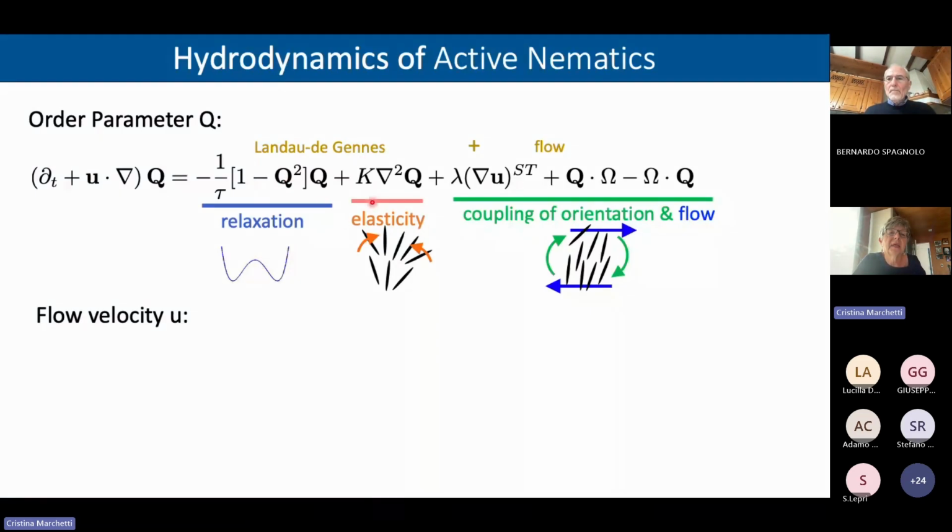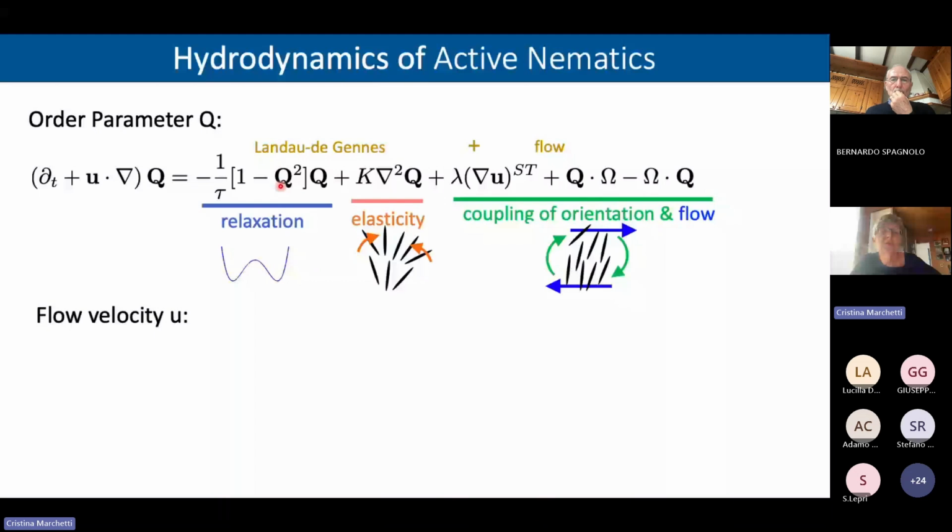There is an energy cost for deformation of order. So this elasticity constant K, I'm assuming just one elastic constant for simplicity. In reality, the system is anisotropic and there is more than one. So this would be the derivative of the traditional Landau-de Gennes free energy used to describe passive nematic liquid crystals.